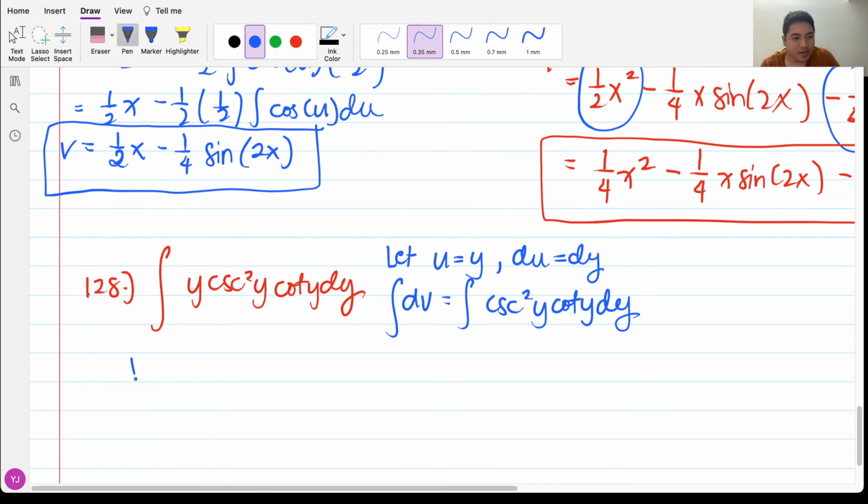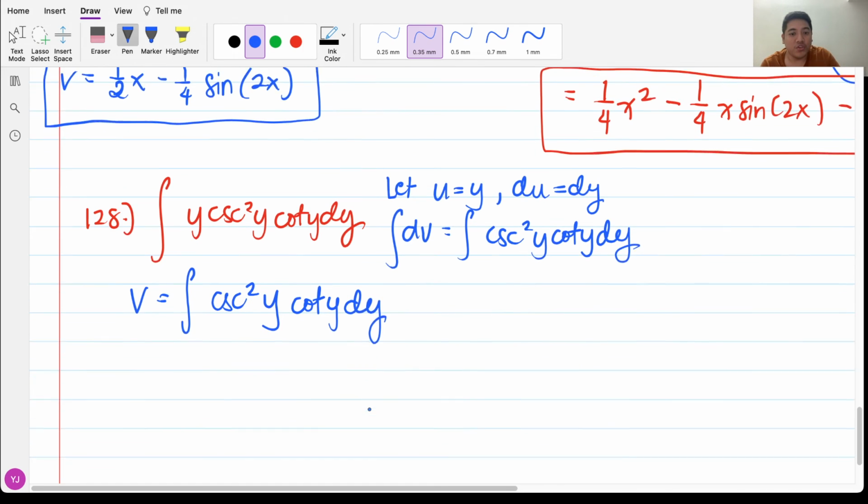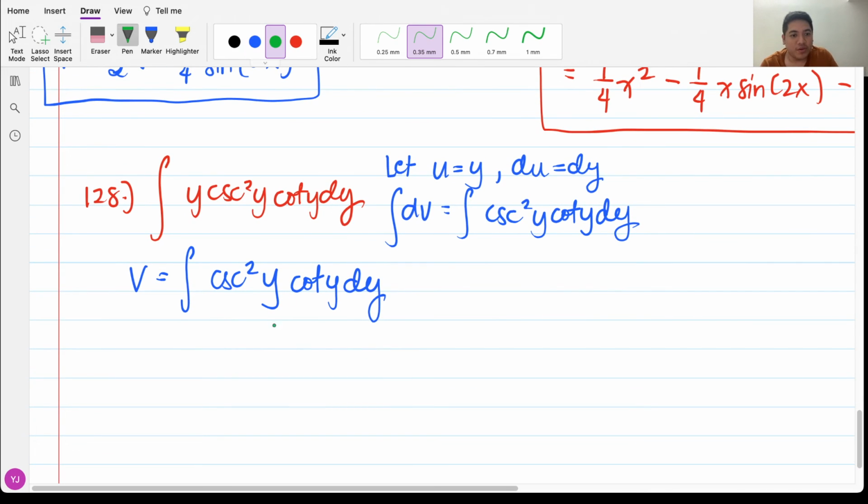on the left side there's no problem, but in getting the integral of cosecant squared y cotangent y dy, we're going to use u substitution. If we let u as the cotangent of y, the derivative of cotangent is negative cosecant squared y dy, of which we already have the cosecant squared y dy here.